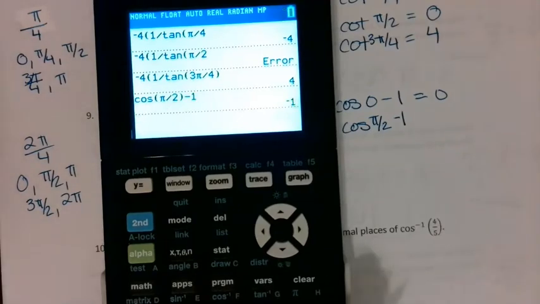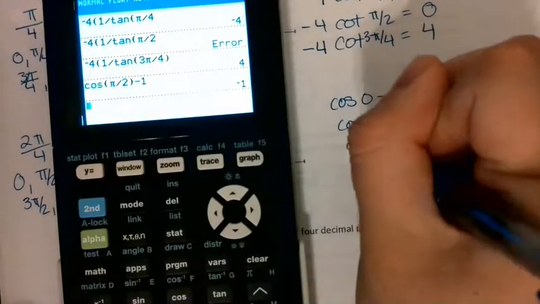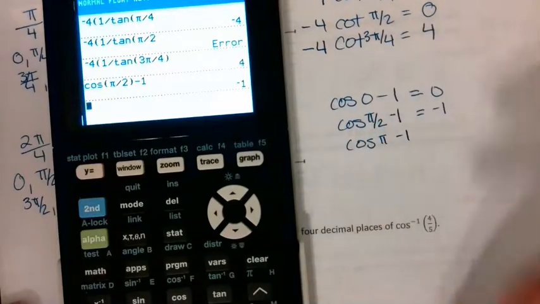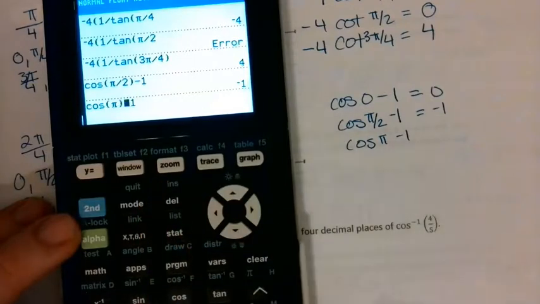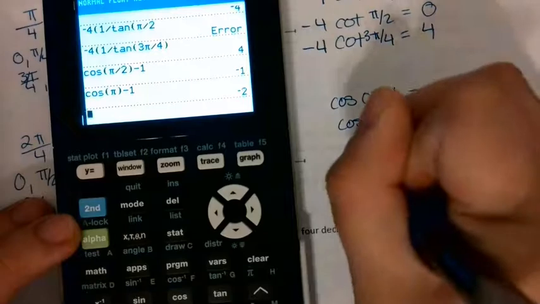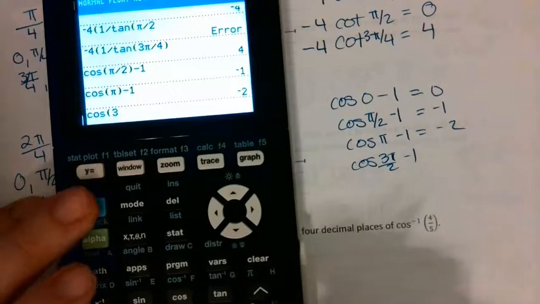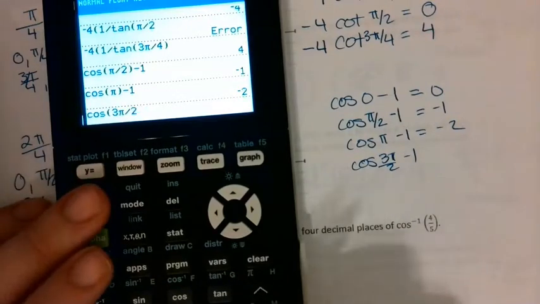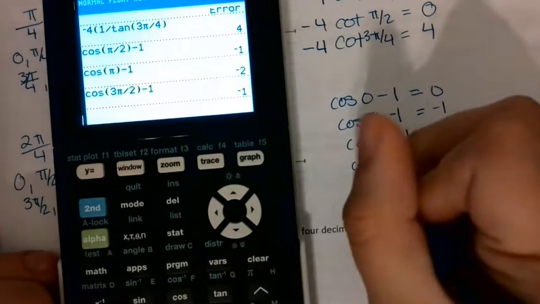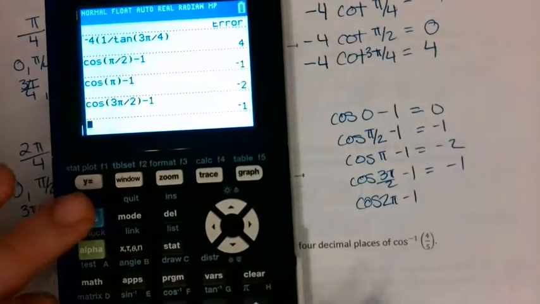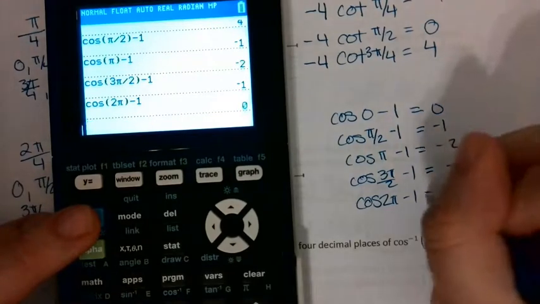Otherwise, it doesn't calculate the angle right. So it gives me -1. I'm just going to do these all while I have the calculator here. Cosine pi minus 1 is -2. I have cosine 3 pi halves minus 1, which gives me -1. And then I should have cosine 2 pi minus 1, which gives me 0.